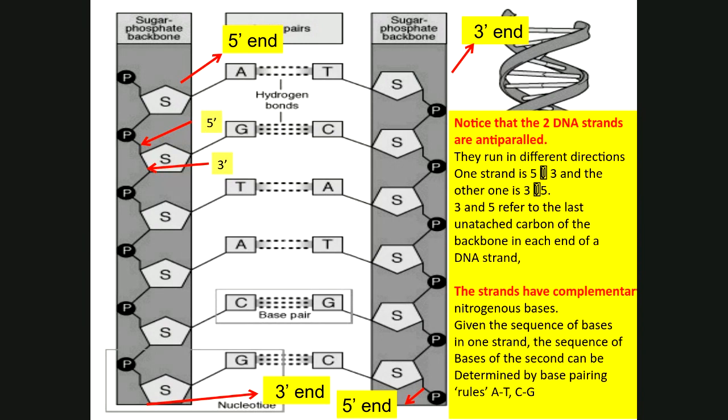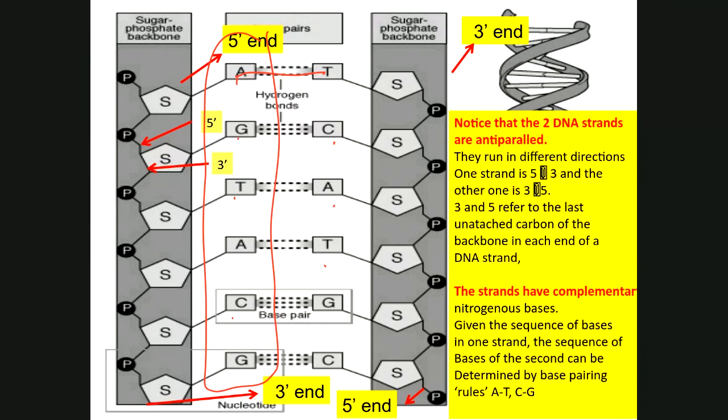So the complementary base for A is T, the complementary base for T is A, the complementary base for C is G, and for G is C. Therefore, if you have only one strand, you could guess the other strand by putting the complementary base. If you have an A, you're going to put a T. If you have a G, you're going to put a C. T, A; A, T; C, G; G, C. Okay, that's what it means to have complementary bases.